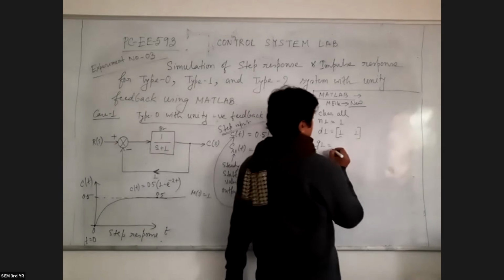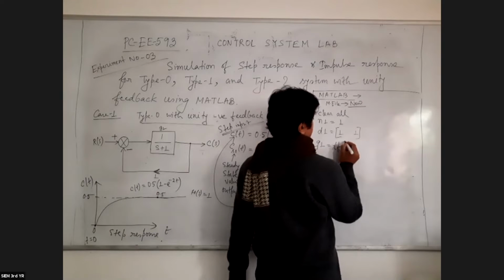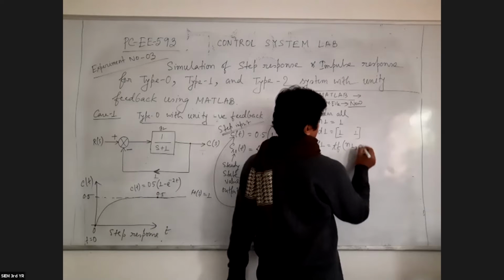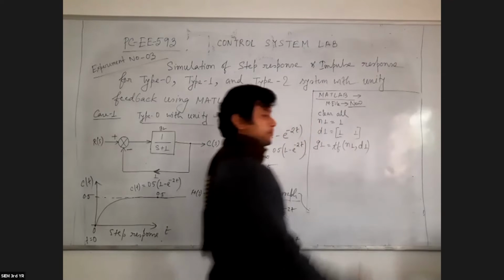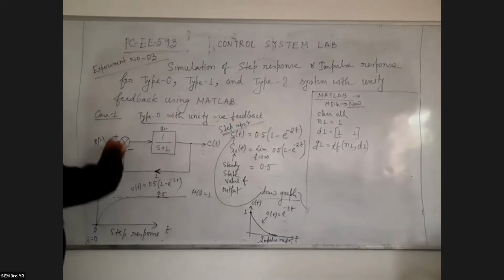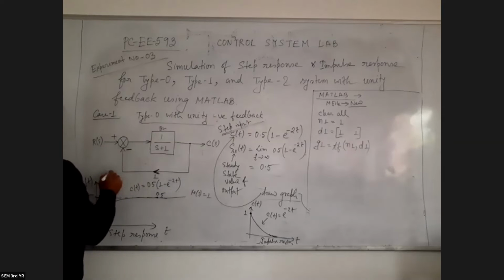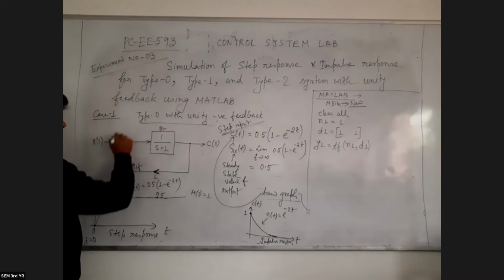So the command is tf, transfer function, here: n1 comma d1. Now you take the feedback. Suppose the feedback is, I'm writing here, g1f overall.